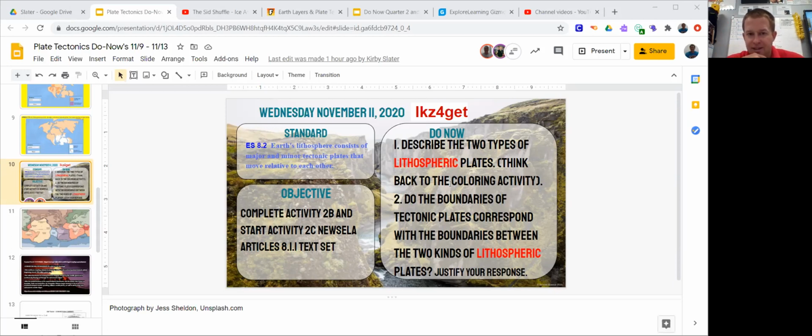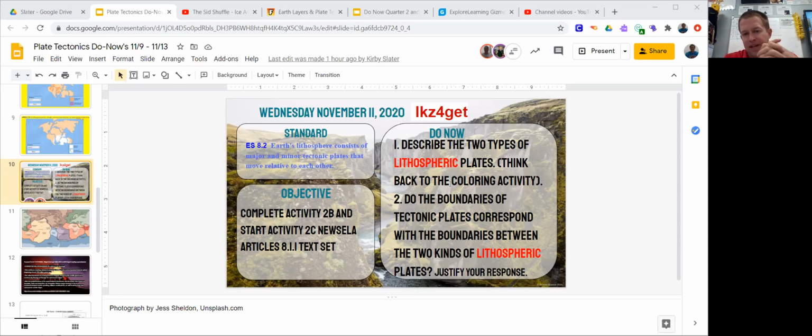Continental stands for land. So the second part of this question says, do the boundaries of tectonic plates correspond with the boundaries between the two types of lithospheric plates? Meaning, do the land and water, so if this is land and this is water, do they align with the boundaries of the plates?